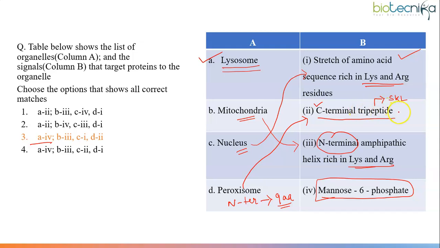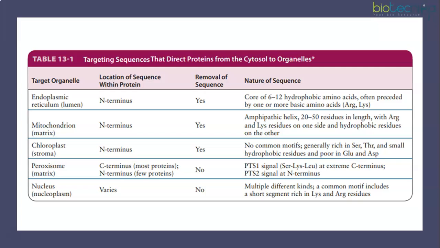Remember, this is otherwise known as PTS1, that is peroxisomal targeting sequence 1, and this sequence we call PTS2, peroxisomal targeting sequence 2. So we have a table regarding that. As you can see, target organelles, their sequence, in which location they are, and whether the sequence is removable or not.